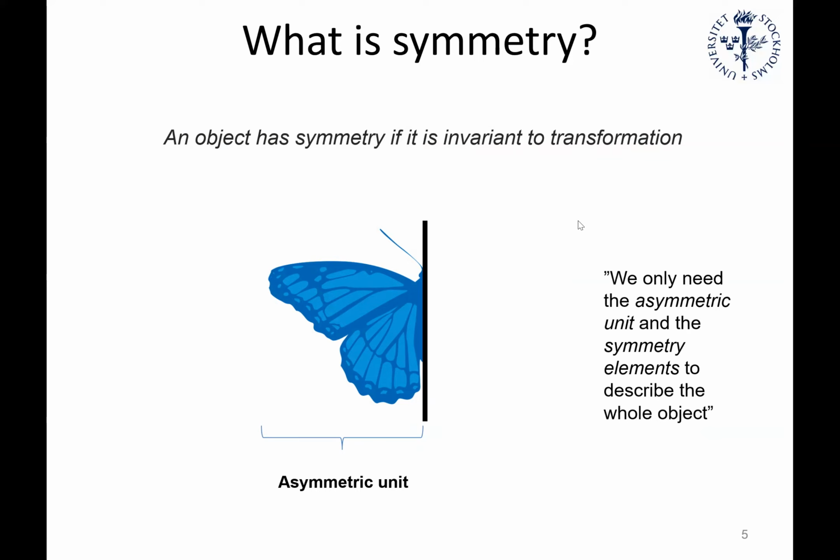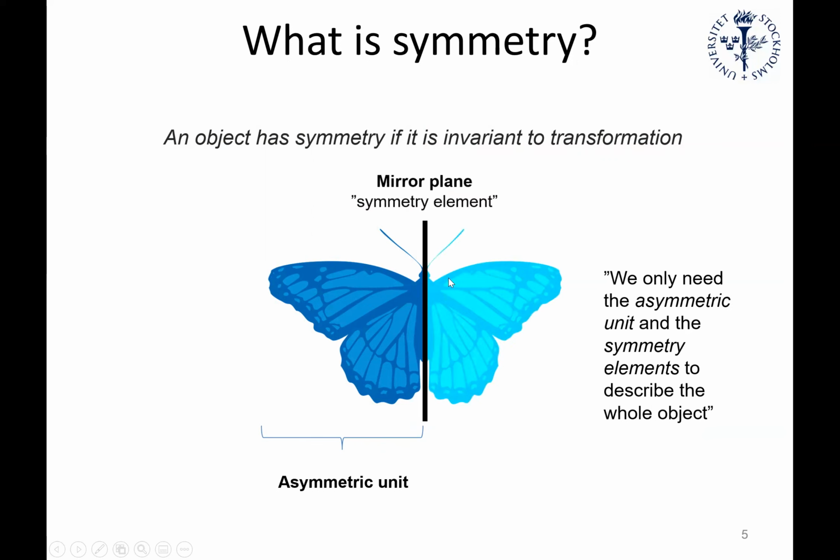If you know what each pixel is colored in the unique part of the structure, and you know where your mirror plane is, then we can produce the right-hand side of the butterfly by saying, for this pixel here, just mirror it across here, and this side has the same color as the opposite side of the mirror.